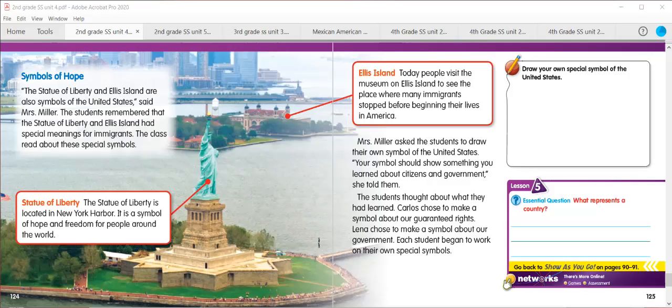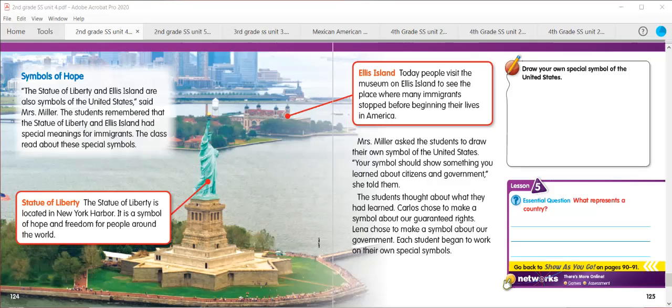The Statue of Liberty is located in New York Harbor. It is a symbol of hope and freedom for people around the world. Ellis Island. Today, people visit the museum on Ellis Island to see the place where many immigrants stopped before beginning their lives in America.